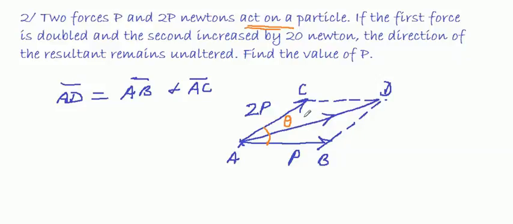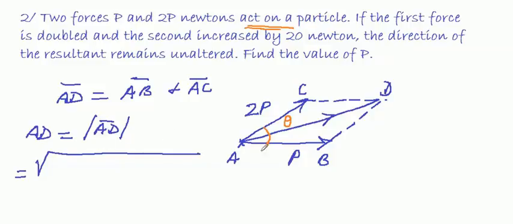Now the resultant vector, AD bar, magnitude of AD bar, is given by square root of AB square plus AC square plus 2 times AB into AC into cos theta.